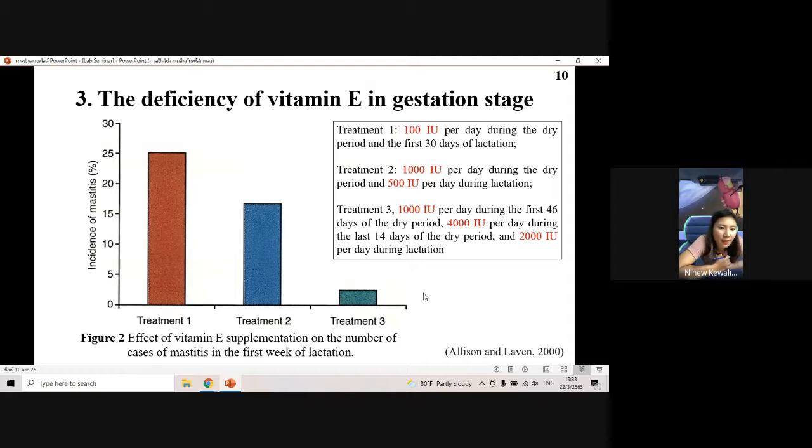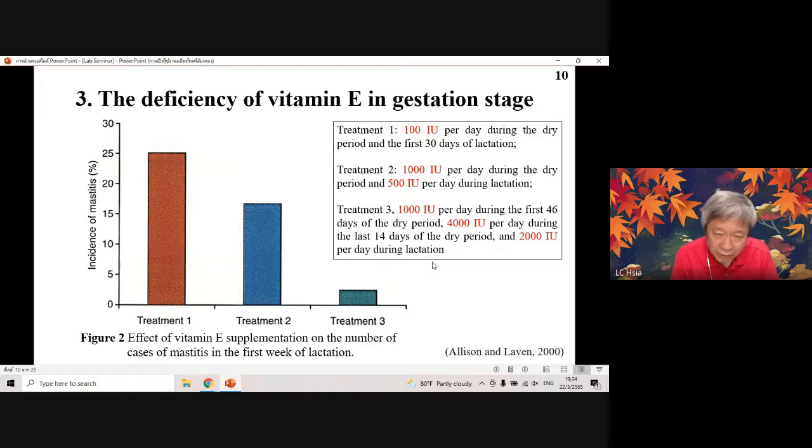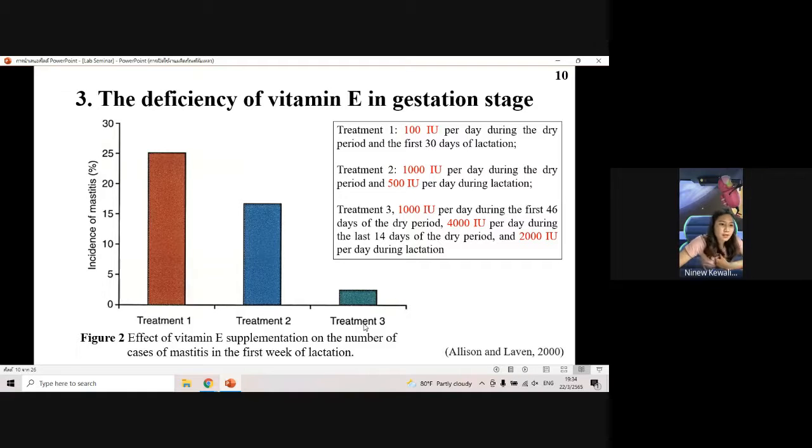For this one, I'm not sure about my answer, but I think for the dry period... Is this for sow or for cow? This one is not for sow, Professor.